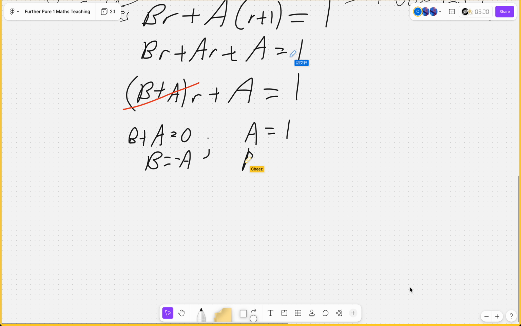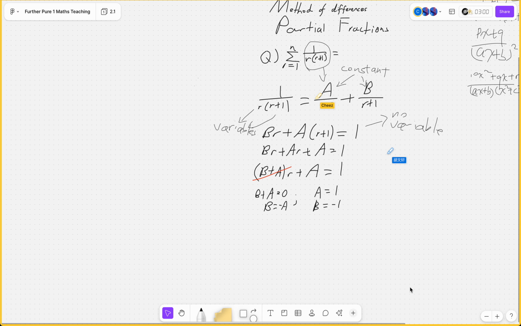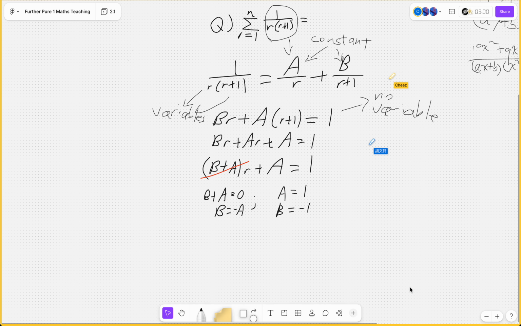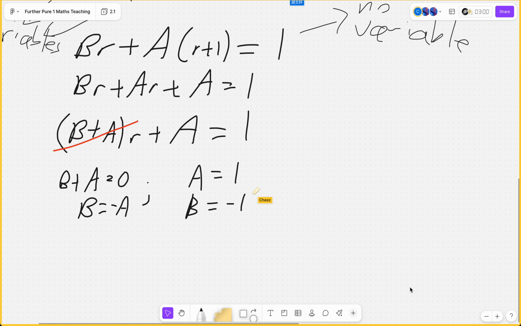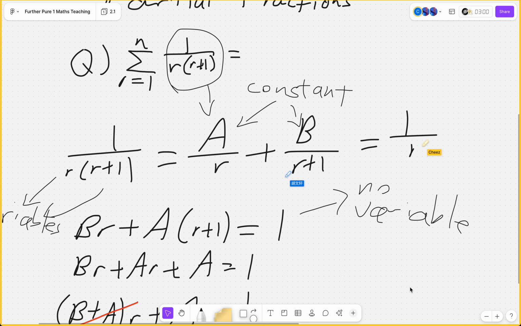From B equals negative A, we can infer B is negative 1. Now we can go back to the equation, and we can say 1 over r times r plus 1 is 1 over r, and B is minus 1, so it would be minus 1 over r plus 1.